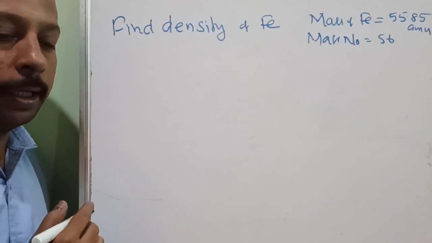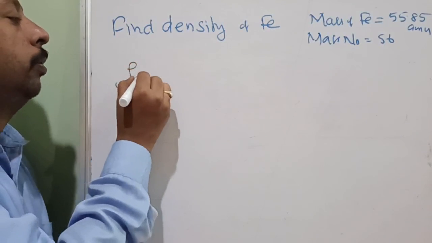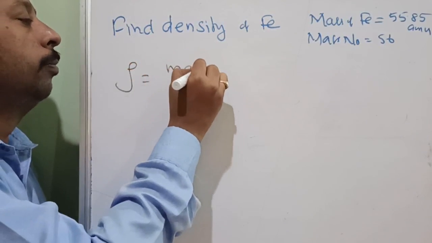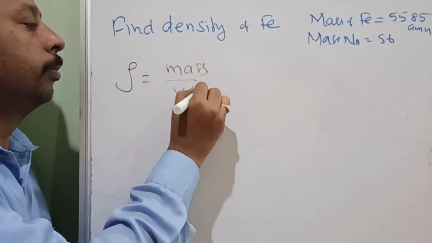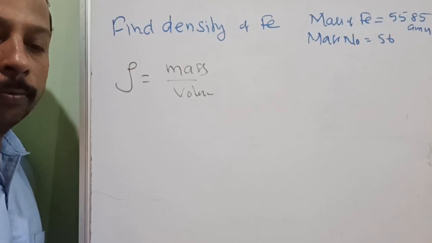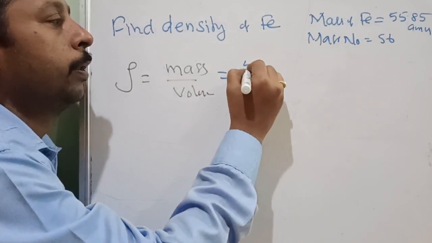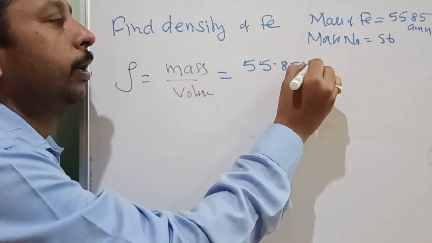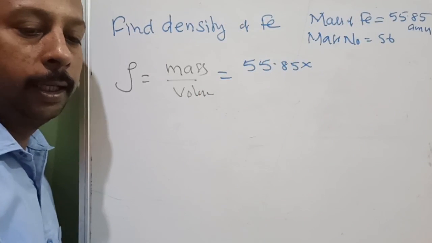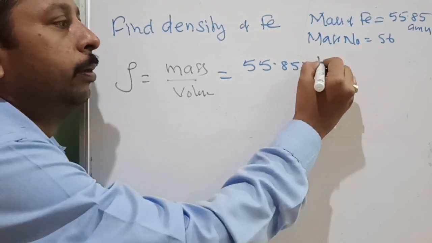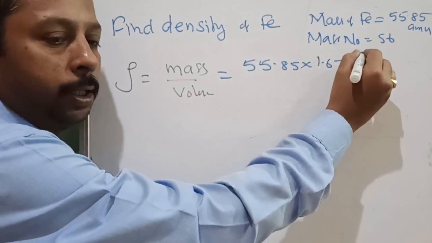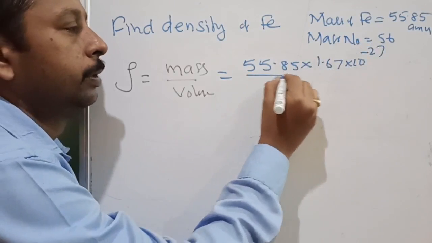So the procedure I already told you, density rho is equal to mass by volume. Mass by volume. Here what mass will you take? This mass. Okay. 55.85 AMU. What is the AMU value? I told you, 1.67 into 10 to the power of minus 27.